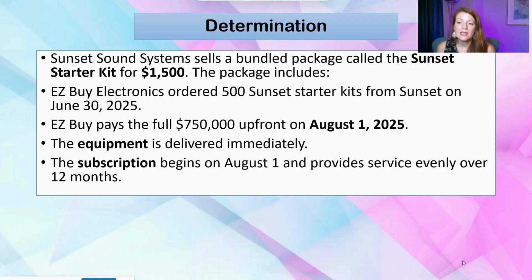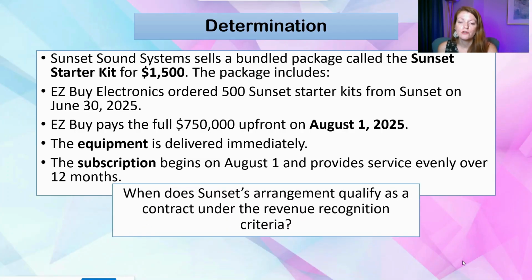Easy Buy pays the full $750,000 upfront on August 1st. The equipment is delivered immediately, and the subscription begins August 1st and provides service evenly over 12 months. So a lot to consider here. They make the agreement, or they order the kits, on June 30th, but it's not until August 1st that payment is delivered and then the equipment is delivered and they can start using the subscription services.